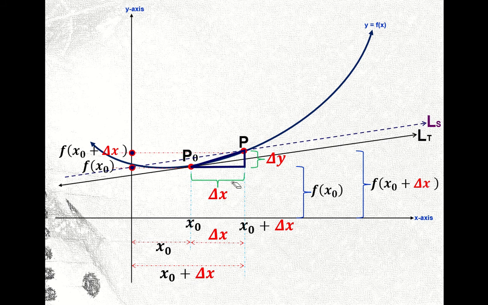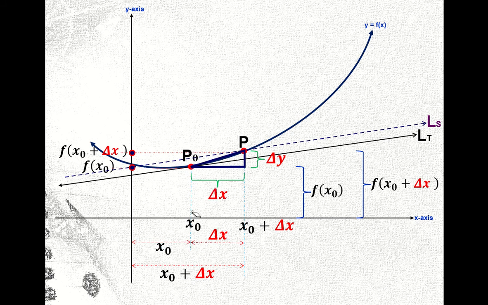In a similar manner, we have delta x. What is delta x? This is also the difference between the distance from the y-axis to this point, which is x sub 0 plus delta x, and this distance, x sub 0. When you subtract, x sub 0 plus delta x minus x sub 0, what is left is delta x.